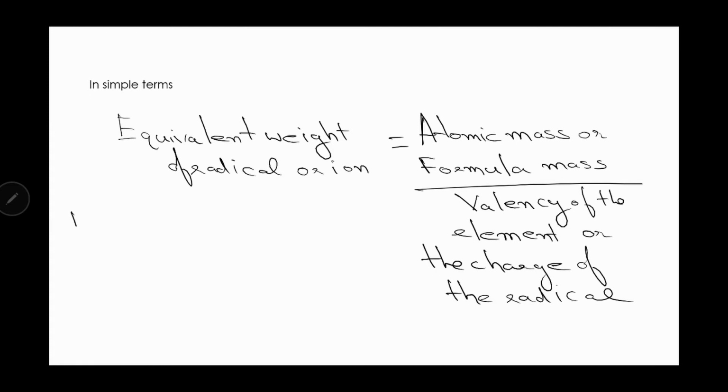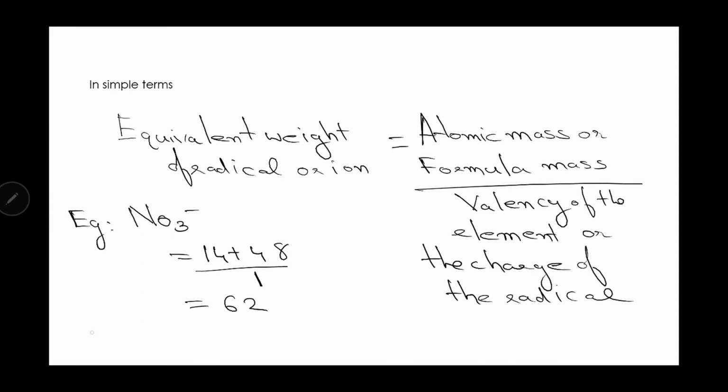Examples: say we have a radical NO3 minus, and what is the formula mass of this? It is 14 plus 48, isn't it? So 14 plus 48 divided by 1, we have only one negative here, so it gives you 62, and that is the equivalent weight.